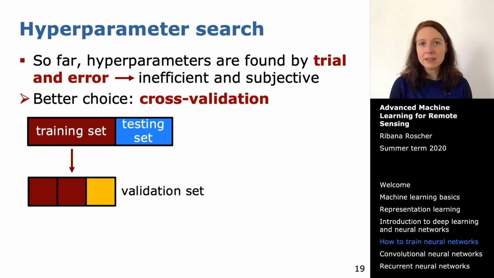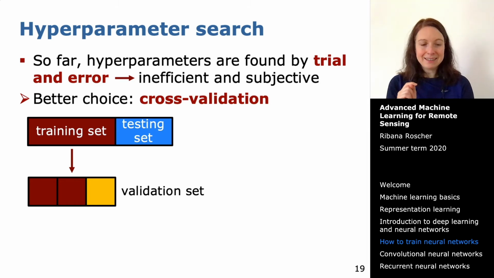So what you do here is you have your training set and your test set, and as I told you, never touch the test set, treat it as non-existent. And in the last lecture I told you, you should split away a small validation set and treat it as an independent set and use it for the hyperparameter tuning.